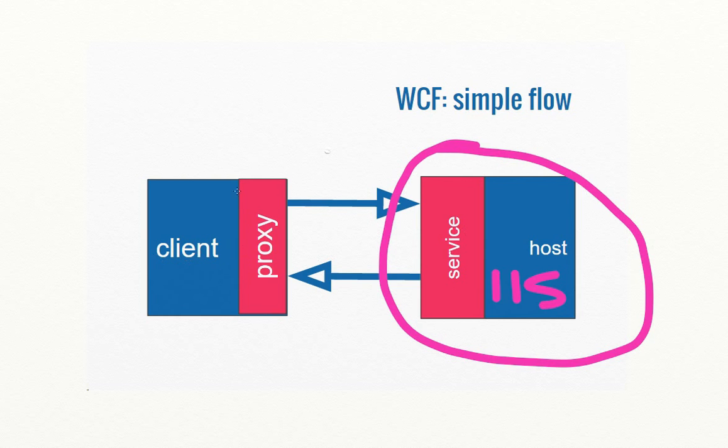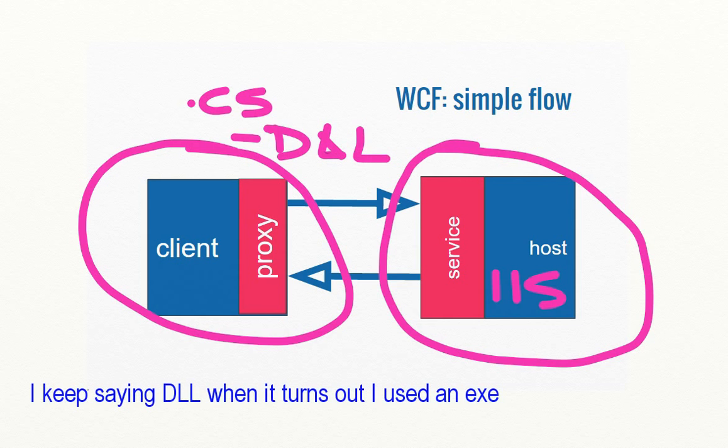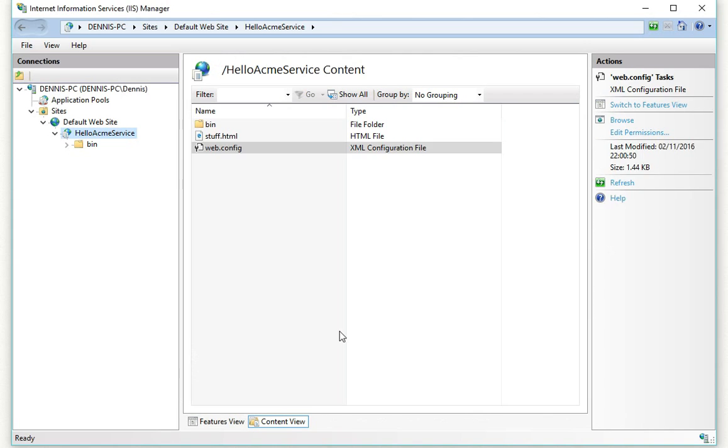And then we're going to write a client in Visual Studio, which is going to be C#, which becomes a DLL, because the aim is to get rid of the presence of Visual Studio, such that we could take all of these executables and assemblies and run them on a machine that has never seen Visual Studio in its life.